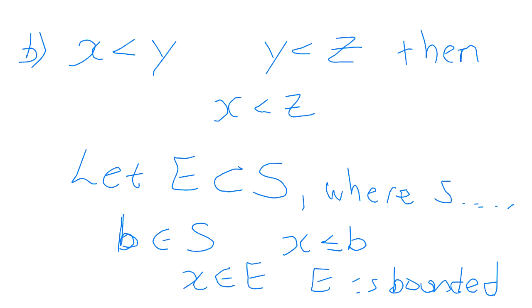Repeat the last part after it says x in E. Then we say E is bounded above, and B is an upper bound of E. B is the upper bound of itself? Of E. Remember E? B is an upper bound of E, okay. There we go.